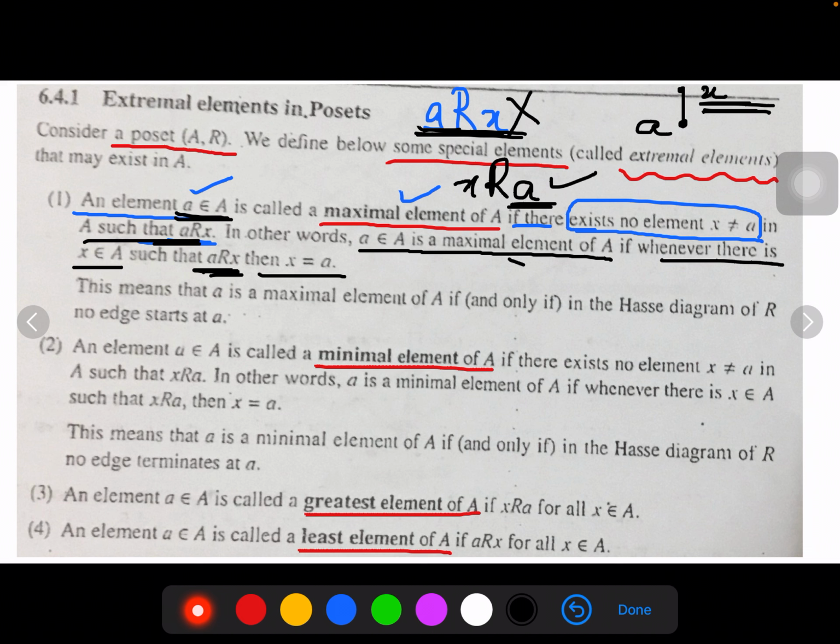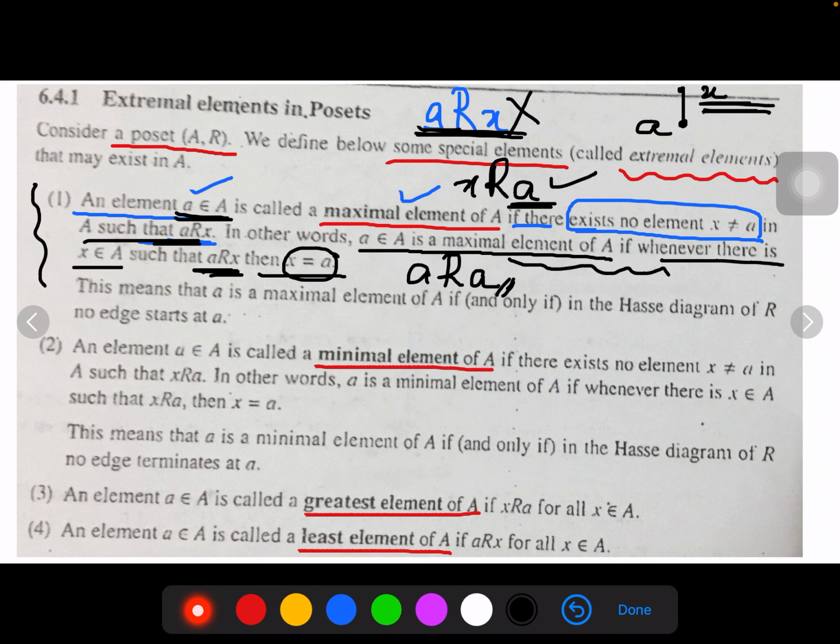If there is an element related to this, it has to be the same element, because a related to a is accepted. Only this condition is satisfied. There will not be any other element above this a. That is the simplest definition of a maximal element.